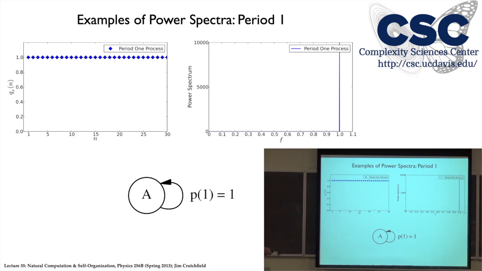You can ask yourself, what is the period of this process? How long does it take for the process to repeat itself? If I look at this process, how far do I have to go before it starts over again? If I have just a sequence of 1s and that's all I have, the period itself just turns out to be 1 because it's just the same thing over and over again.